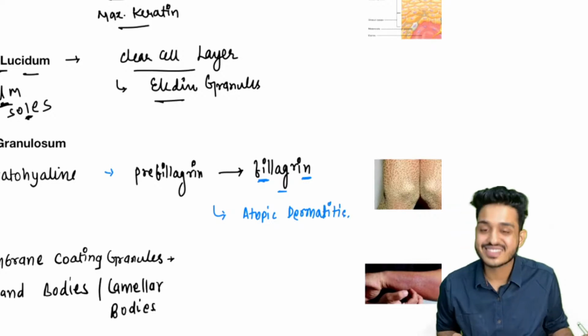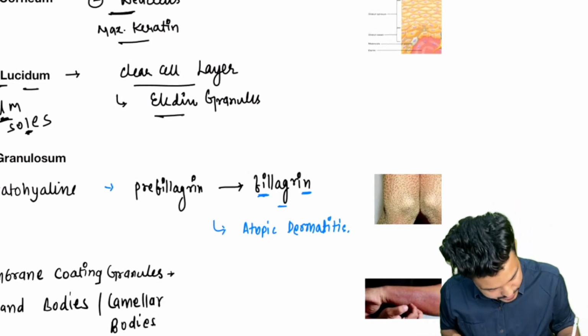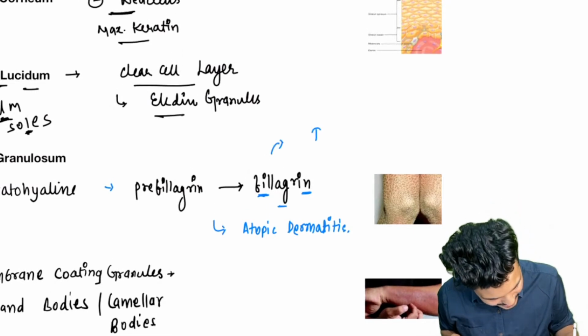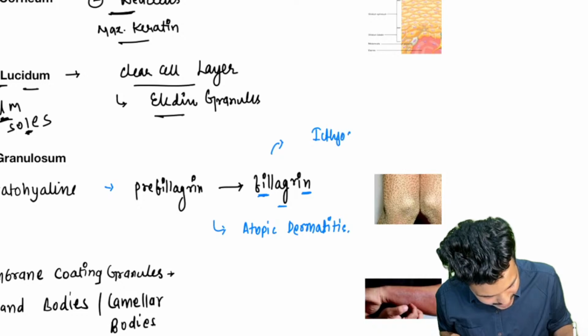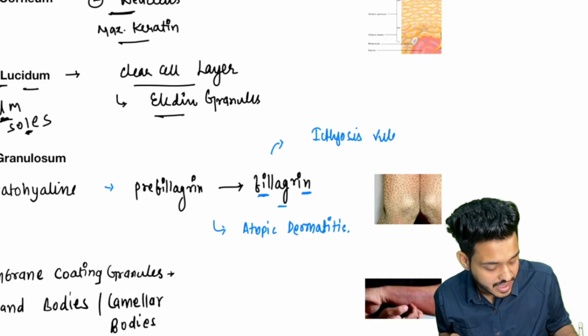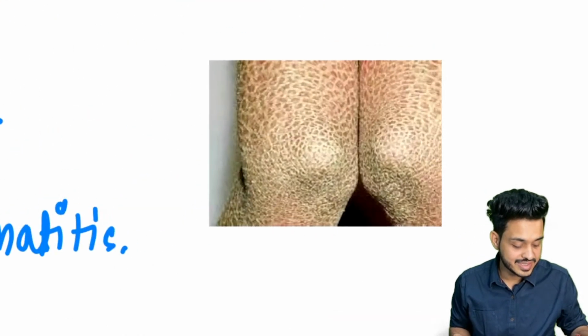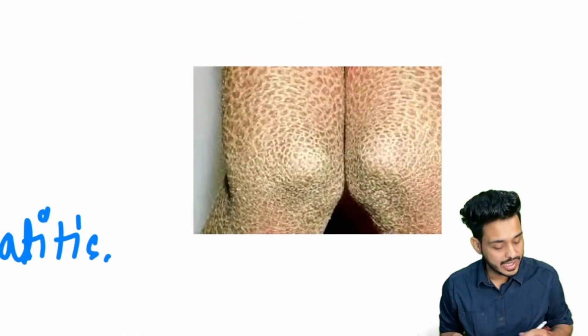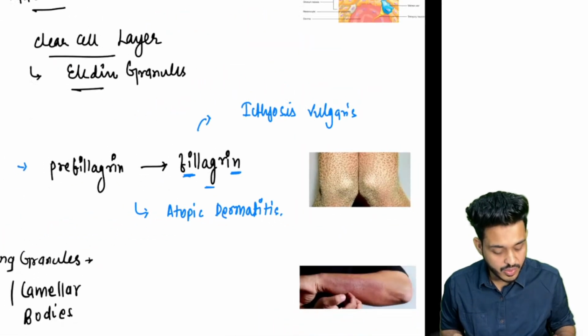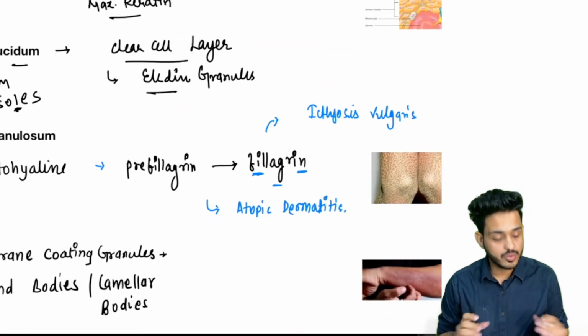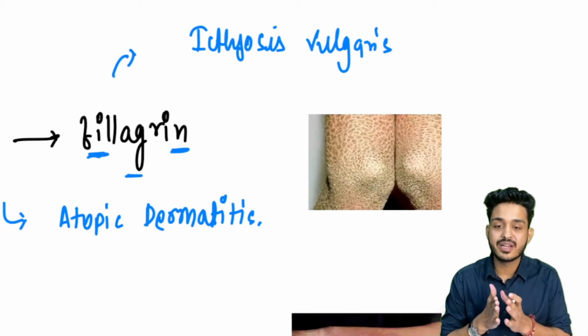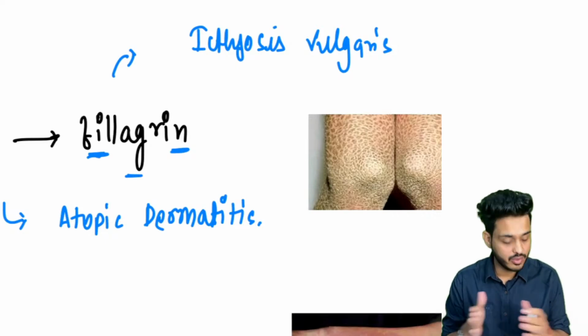And one more disease that can occur is ichthyosis vulgaris. What is shown in front is the image of ichthyosis vulgaris. Here what happened? There is no filamentous aggregating protein, so this epidermis would be separating, it will be far apart.